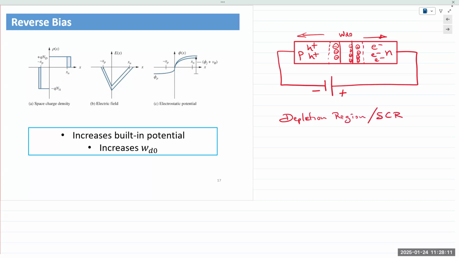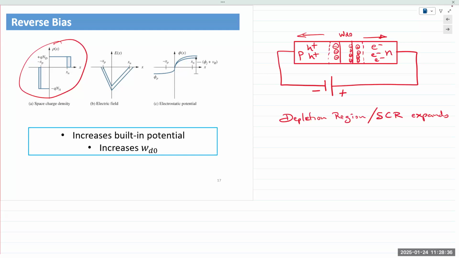The space charge region expands, it becomes bigger. That is shown right here in both directions. In the P-type material as well as the N-type material, more and more ionized atoms are now created. And so if more ionized atoms are created, the space charge region is expanding.